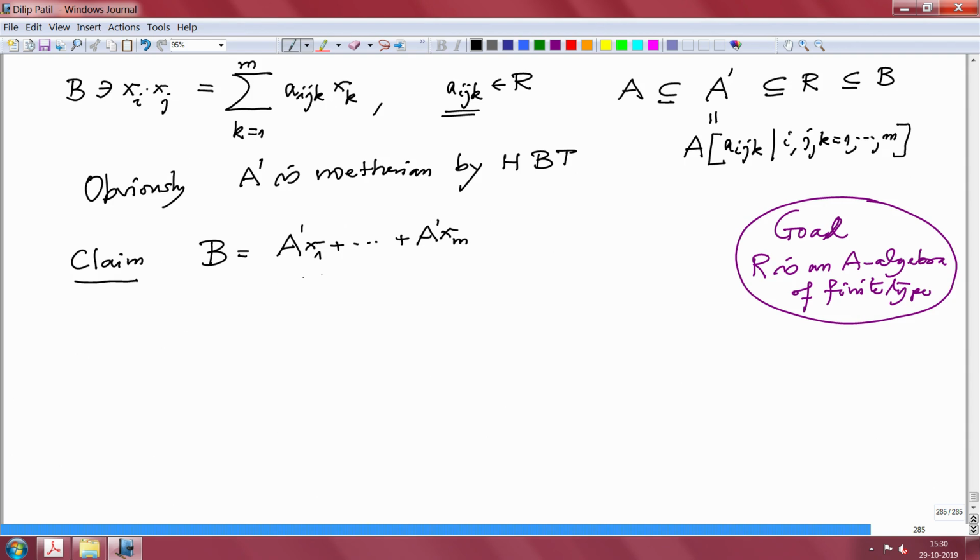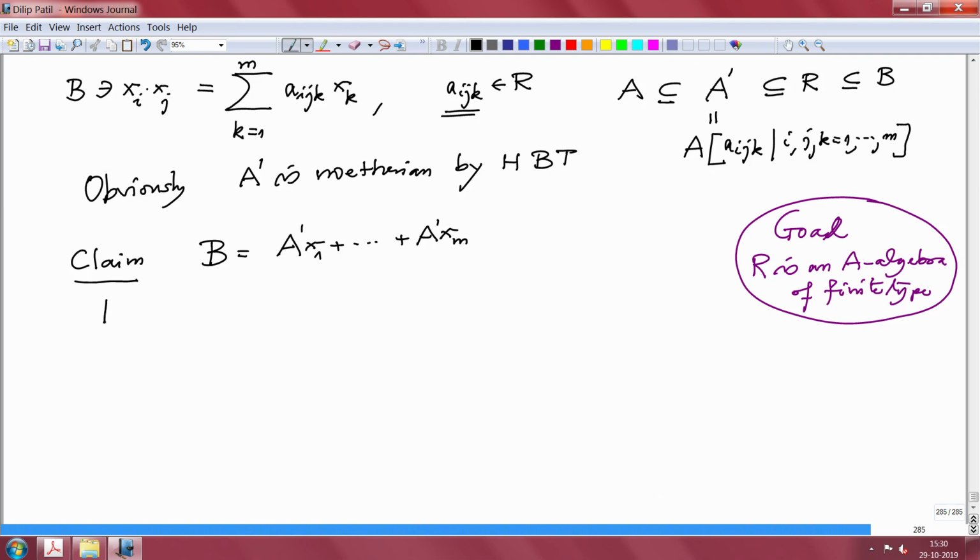So for this, what are the elements of B? We know B is generated as an algebra over A by x1 to xm. That means every element in B is a sum of monomials in the small x's.